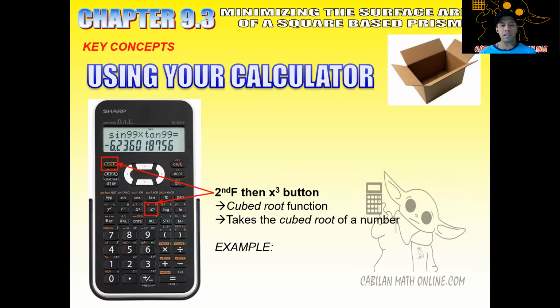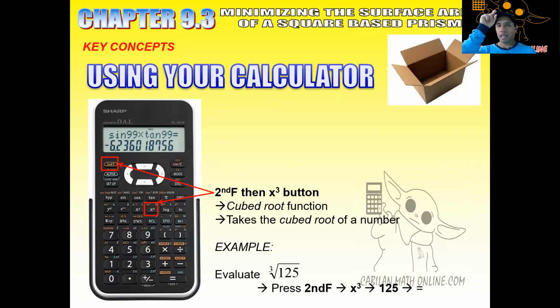If we want to find the cube root of 125, press the following buttons. Press the second function, press the x cubed button, and you notice that when you press the second function and the x cubed, you get a little 3 in the top left with the root sign. Then we put 125 and press equals, and you should get a value of 5.